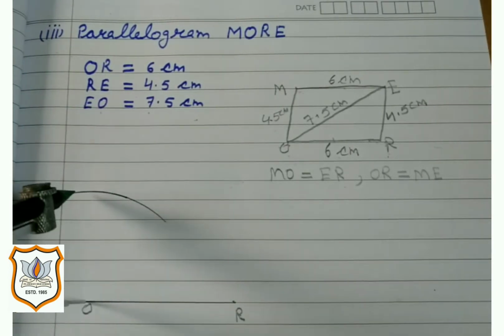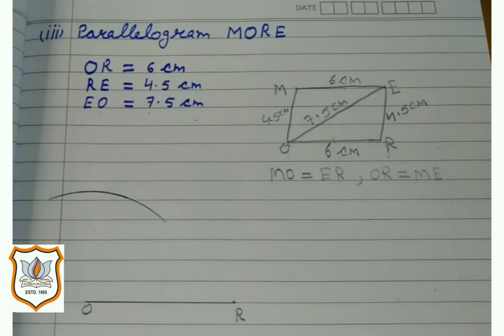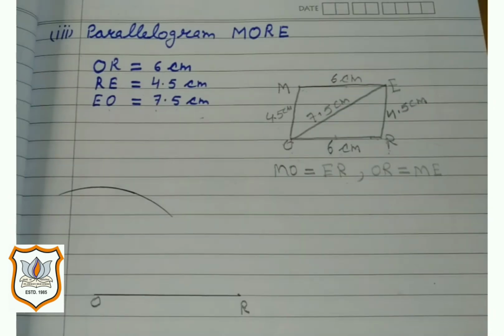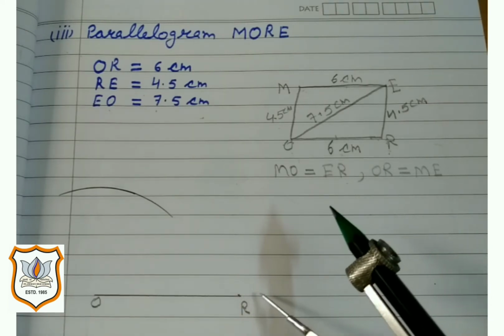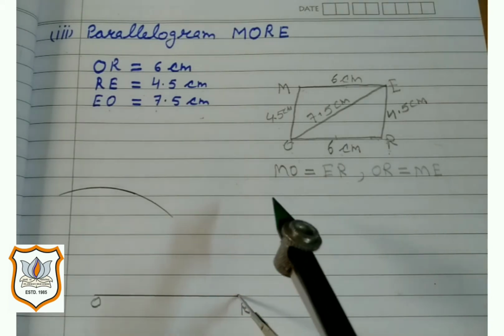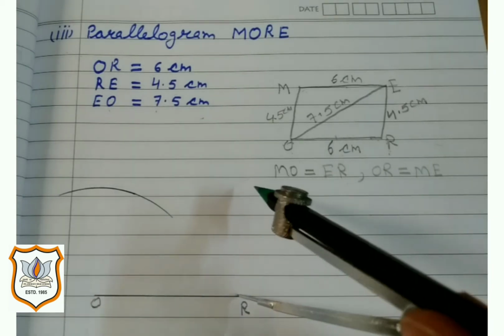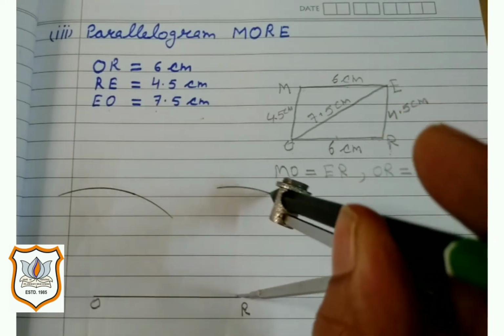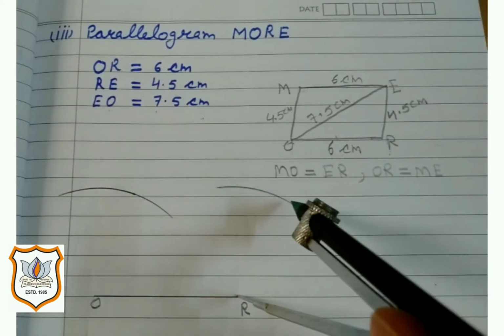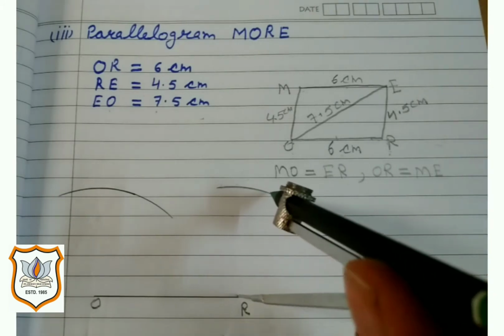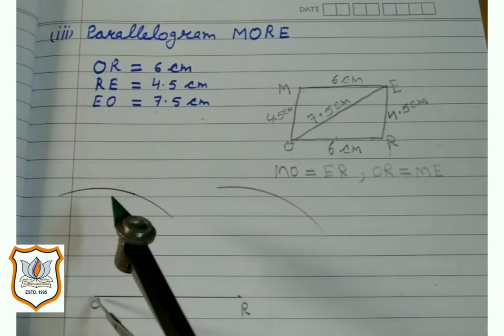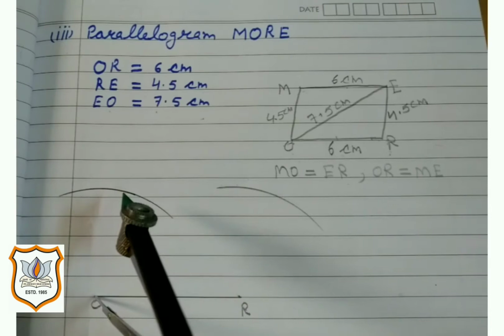So this is the arc of radius 4.5 centimeter. Now MO is equal to ER. So we draw an arc with center R. R as a center and we draw an arc of radius 4.5 centimeter. Clear students? This is 4.5 centimeter and this is also 4.5 centimeter. Clear?